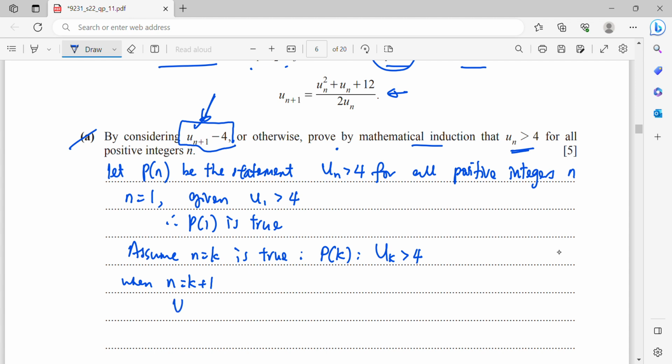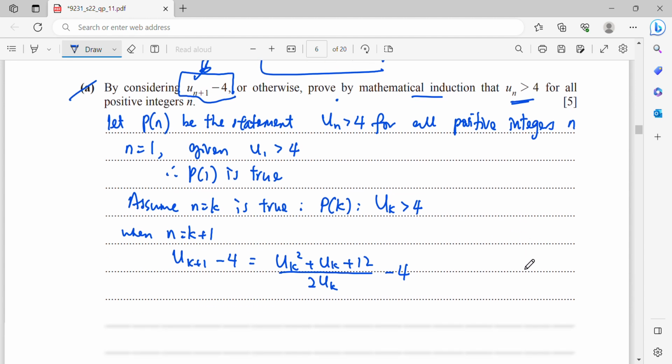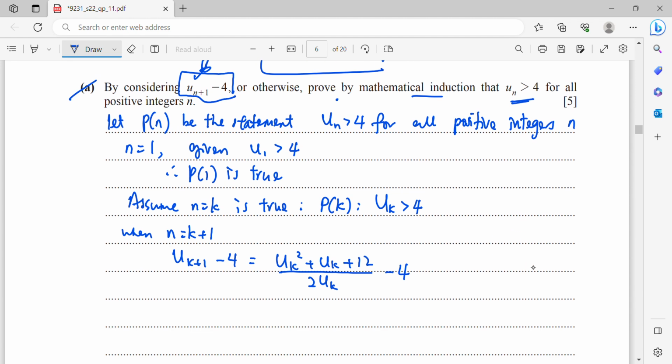So it means uk plus 1 minus 4, so refer to this expression and change the n to k. I will get (uk squared plus uk plus 12) over 2uk, minus 4. And now we need to prove this is greater than 0.